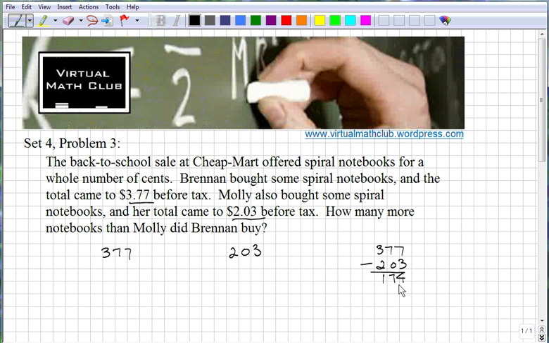So that again will have a common factor, which is the price per notebook. Okay, because 174 will be the price per notebook times the difference in the number of notebooks they bought, because it's the difference in the amount they paid. So you could also look at the factors of that, and it should have a common factor with these. Okay, so that's my hint. And here's the solution.